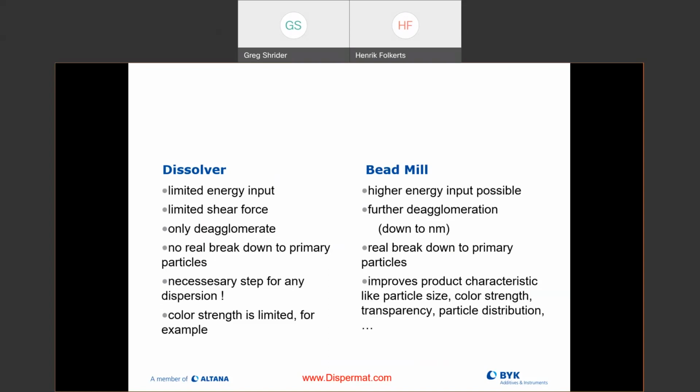In some instances, I can go down to sub 100 nanometers. We have applications that do that really well with the right type of media mill. And then obviously, all of our product characteristics should see a huge improvement over our first step when we just use a cowles blade or a dissolver.